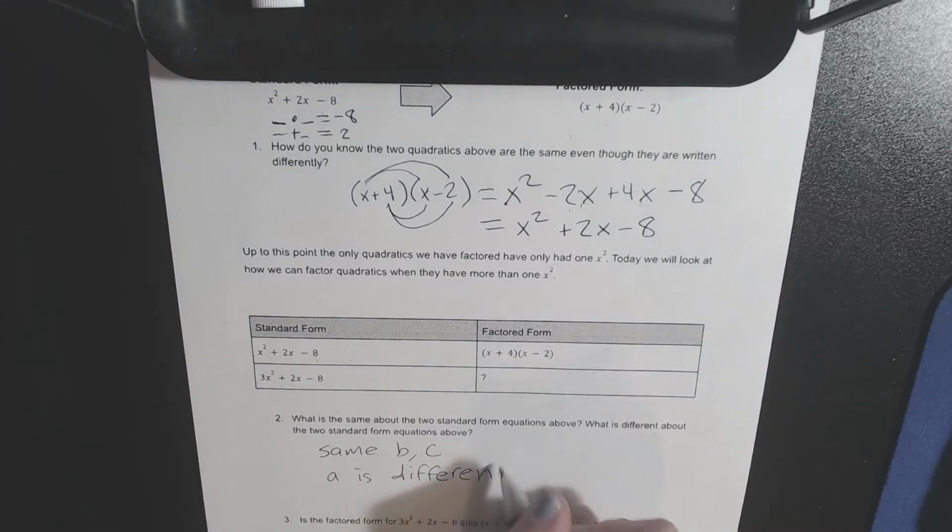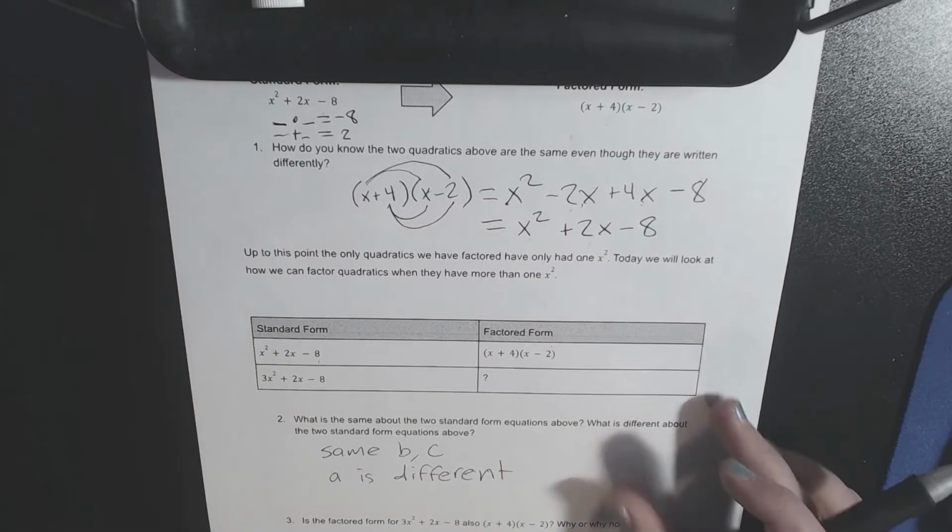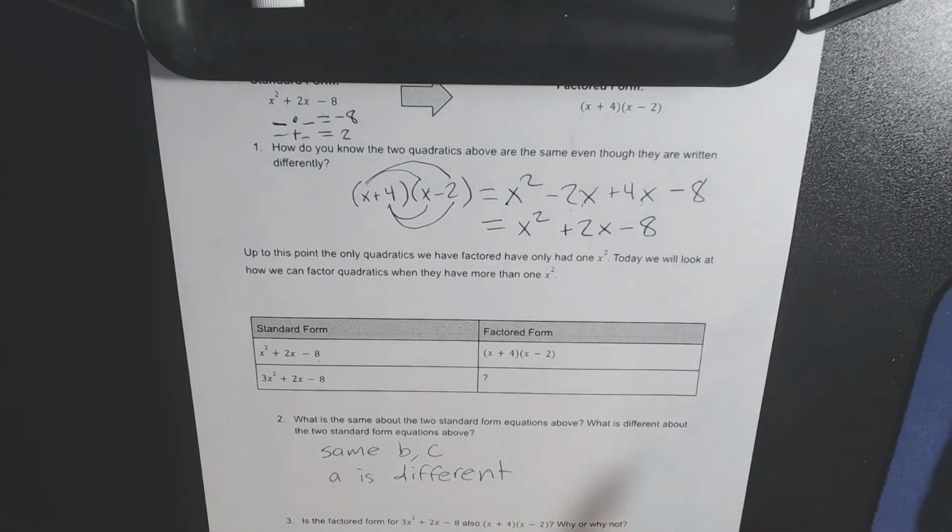And what we're trying to do here is figure out how can we factor 3x squared plus 2x minus 8. Is it going to be a similar thing as this one that we just did, or how can we modify it? Well, if b and c are the same, usually the rule we used before was we looked for numbers that multiplied to c and then added to b, right?